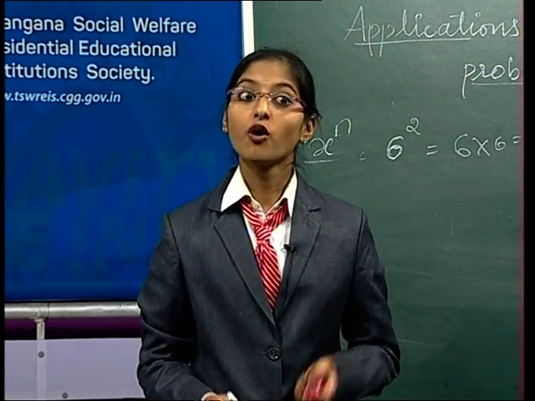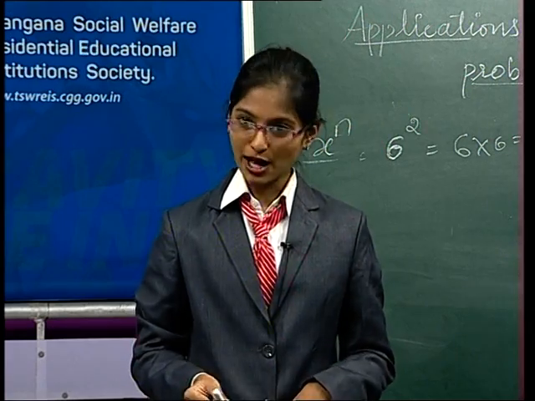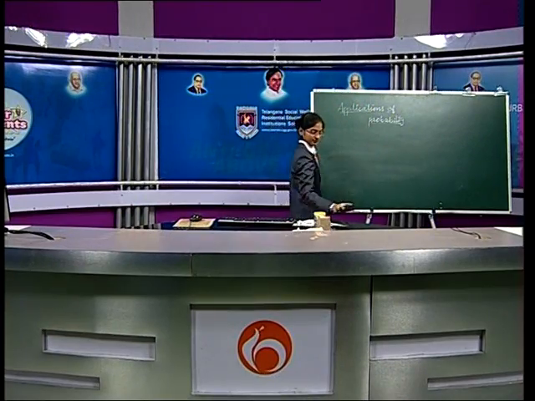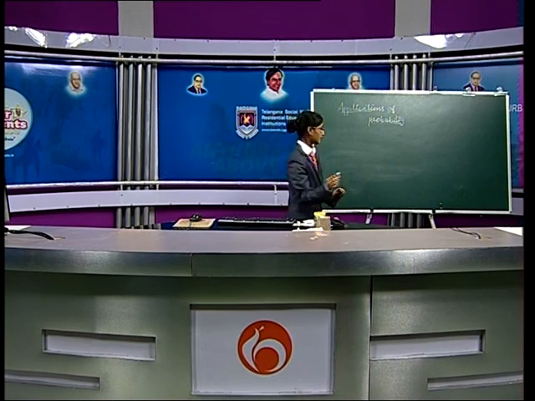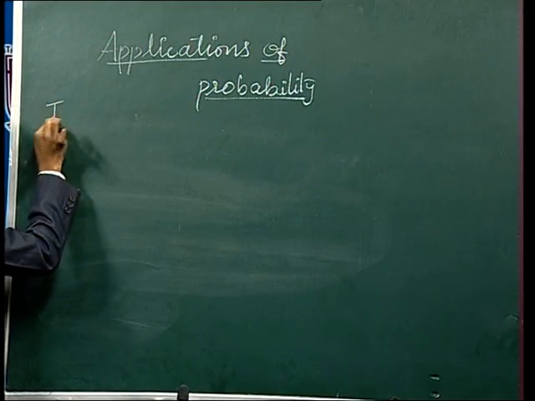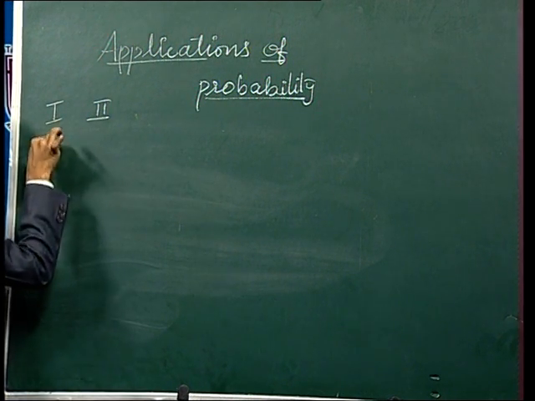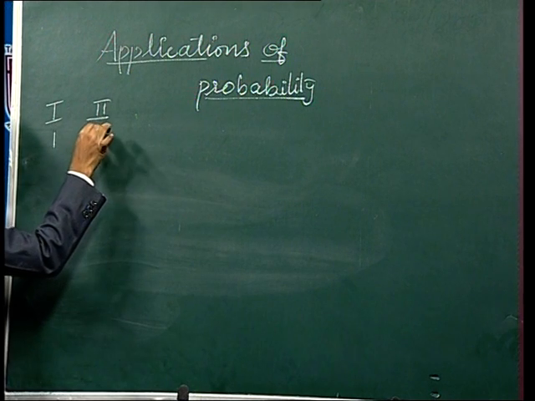Can anyone say how 36 will come? Now I will show you. This is dice 1 and this is dice 2. The first one will be 1 and the second dice may be 1.